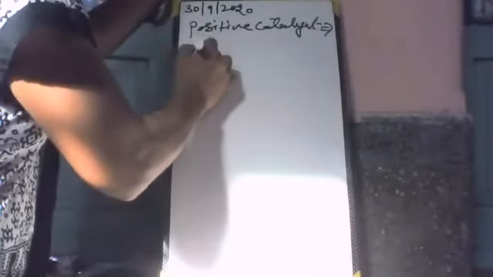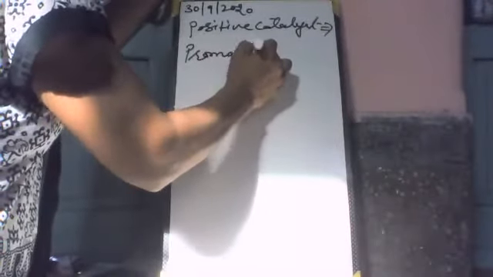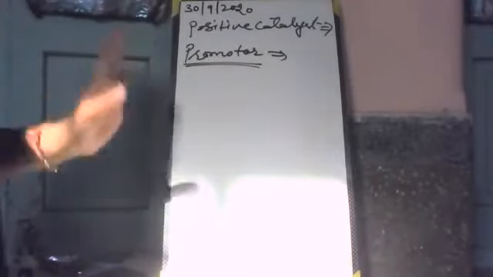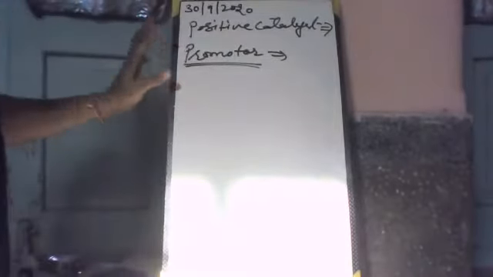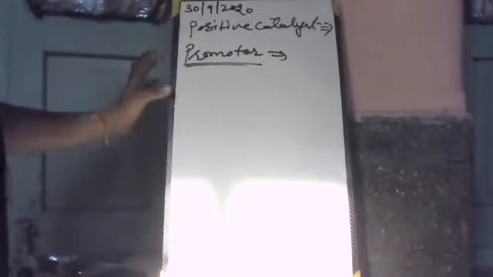Here a word is coming: promoter. Substances that improve the efficiency of a catalyst are called promoters. Promoters are substances which help the catalyst work fast.